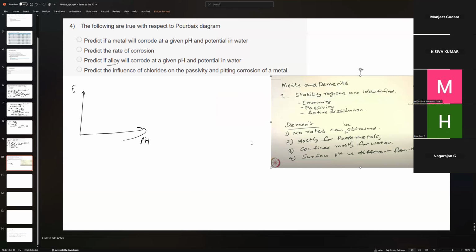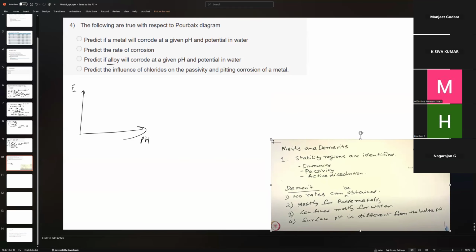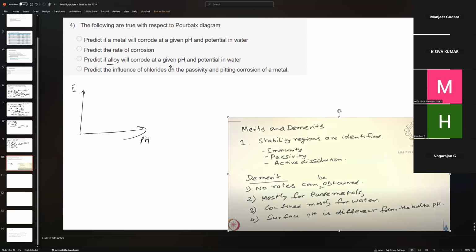It mostly works for pure metals, and for aqueous solutions only and pure metals. And we can use it to predict whether the metal will corrode at the given pH under water.